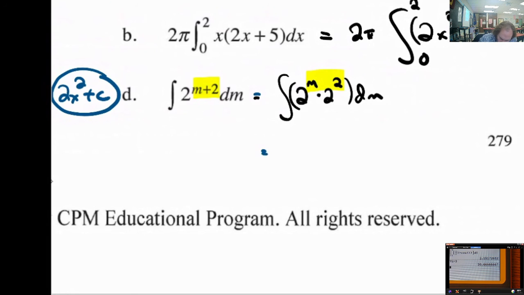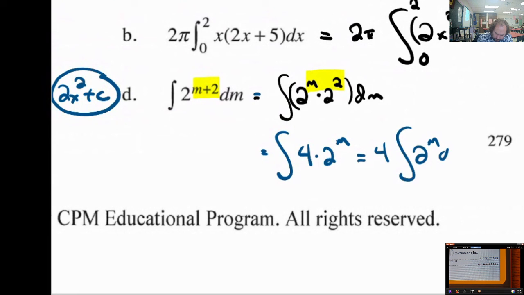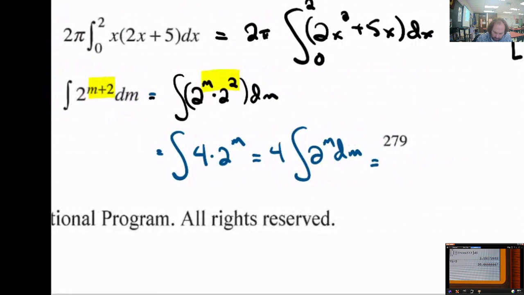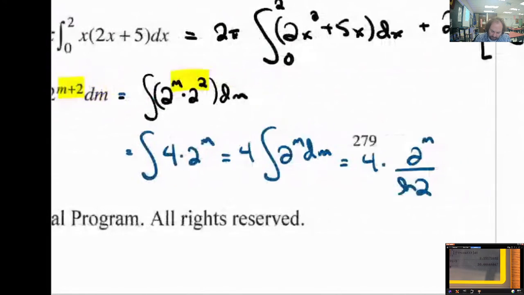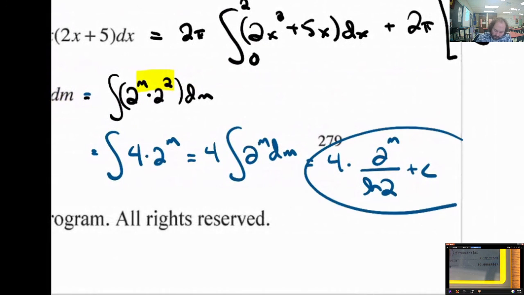In fact, this simplifies to 4 times 2 to the m power. And you can just kick that 4 right in front of the integral because it's a constant. So this becomes pretty simple. This is 4 times 2 to the m over the natural log of 2, which is the way you handle an antiderivative when it comes to natural logs like that. So there you go. Oh, don't forget plus c. I like that answer.